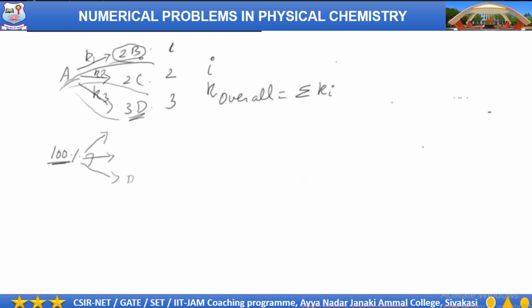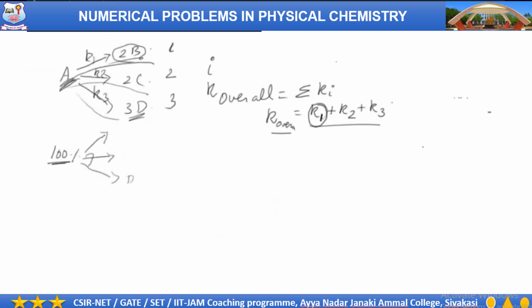What do you mean by summation of Ki? What is the rate constant for the first mode of reaction? What is the rate constant for the second mode? What is the rate constant for the third mode? Sum of these. With this rate, A is going to undergo reaction. Therefore, we call it K overall. And of this overall, what is the fraction of K1?